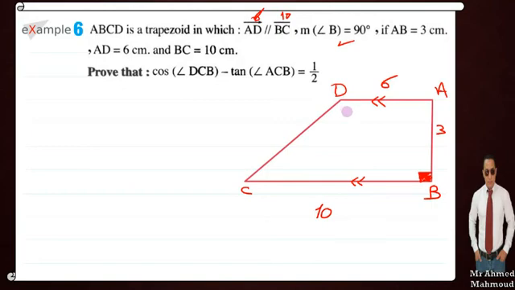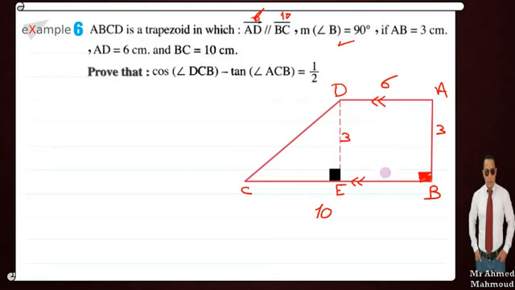As I said before, I have to find a right angle triangle. So I will draw a perpendicular from D like this, and I will call this point E, for example. Here ABED is a rectangle, so AB equals DE equals 3 centimeters.